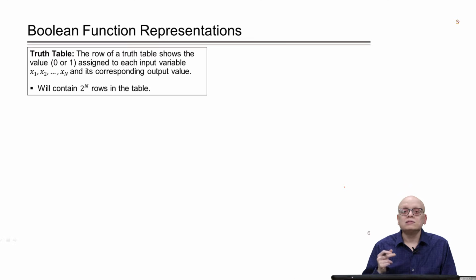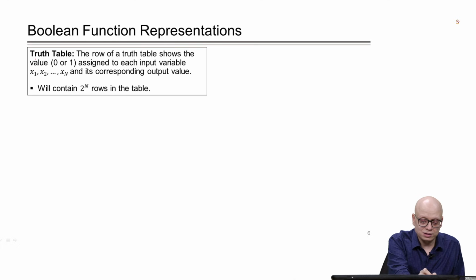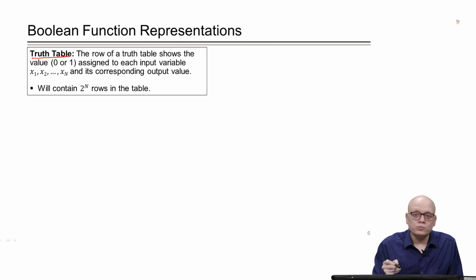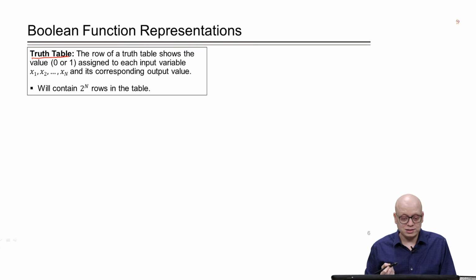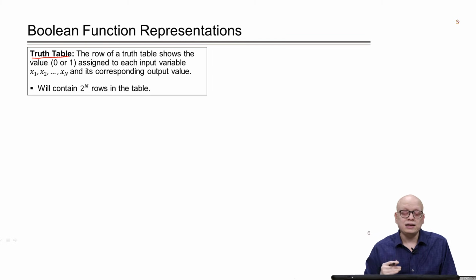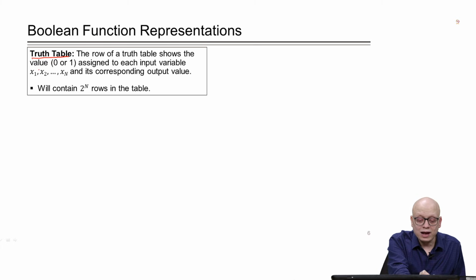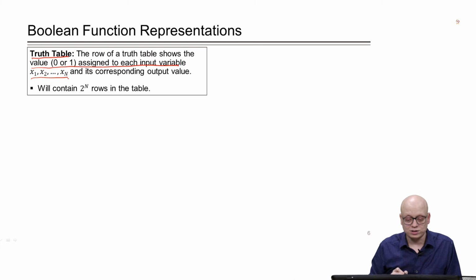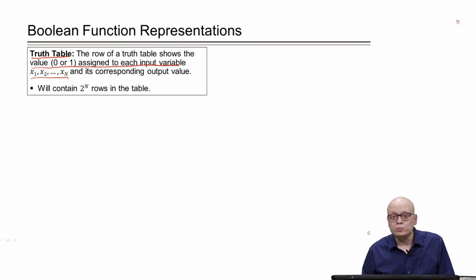Now, let us look at a Boolean function representation which is known as the truth table. You might be aware of this from your course on digital circuits. In a truth table we have various rows, and what does each row represent? It represents the value, either 0 or 1, assigned to each input variable x1, x2, up to xn of a Boolean function and the corresponding output value.